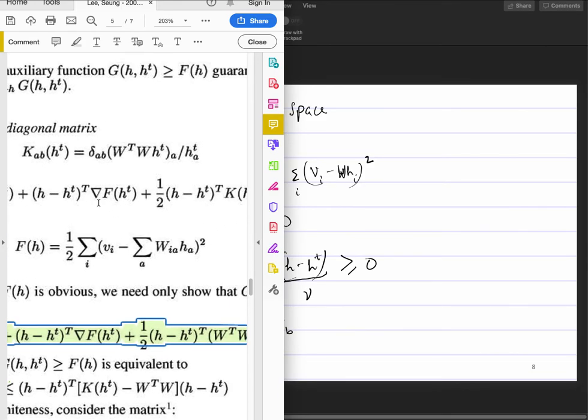K is delta AB W transpose W H transpose, HT A. So this is a vector, and the A-th index of this vector divided by the A-th index of HT, that is your KAB. It's a diagonal matrix, so A and B are always same. If A and B are not same, then the value is 0. So this is my KAB.